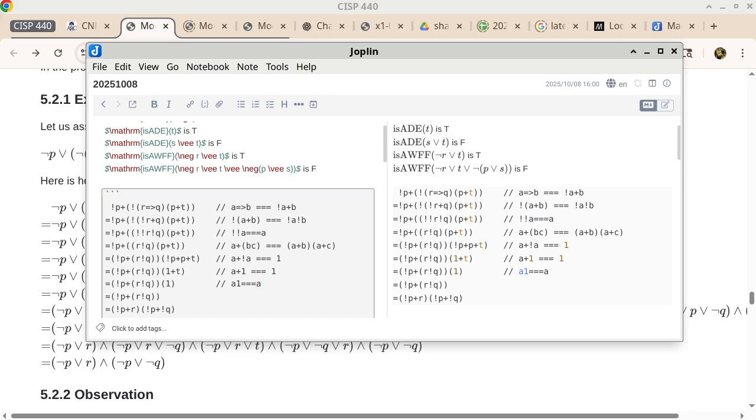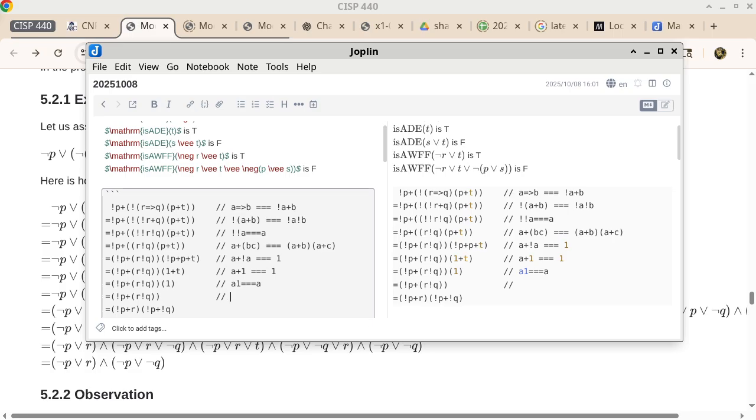Are we okay with this one? If you're not convinced by any of these derivations, you can always use a truth table to prove it, because these are axioms, and axioms in Boolean algebra are always provable using a truth table. That's the beauty of Boolean algebra: it's not just abstract, you can actually make it concrete.